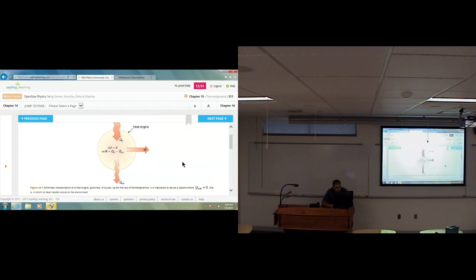Now, if you've ever opened the engine compartment of a car or been near a locomotive that's got its engine running, you'll know that there's heat coming off of them. It's really quite obvious. That actually is a very necessary part of this process. This Q out is extremely necessary. If it doesn't happen, the engine cannot work. In fact, the more efficiently this heat leaves the engine determines the efficiency.